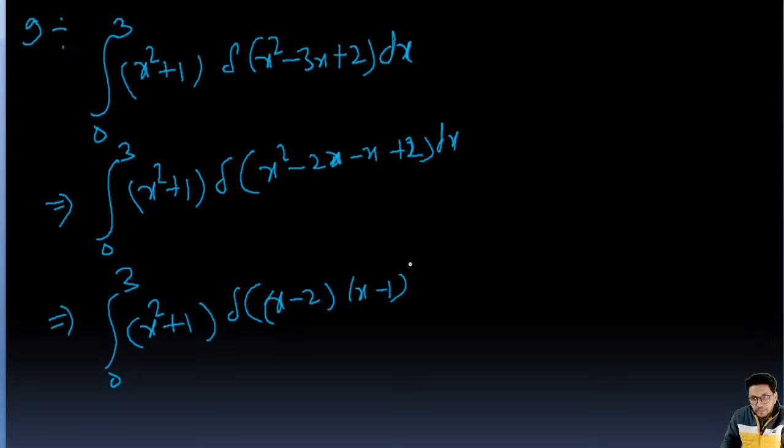That implies integration 0 to 3 of x square plus 1, delta of (x minus 2)(x minus 1), dx. Now we'll write in the next page.